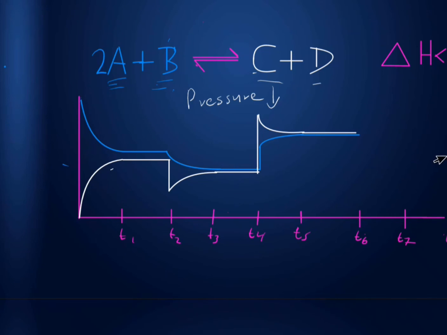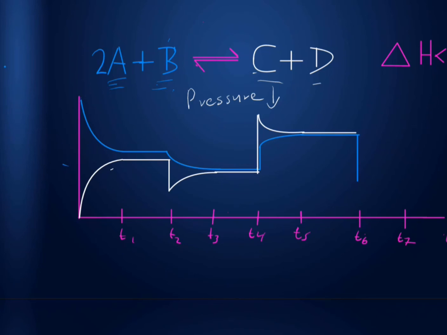When we increase pressure, the one with the lower number of moles has to increase. When we decrease pressure, the one with the lower number of moles has to decrease the most. That is the forward reaction. It has to decrease sharply, because both of them won't be affected in that way.